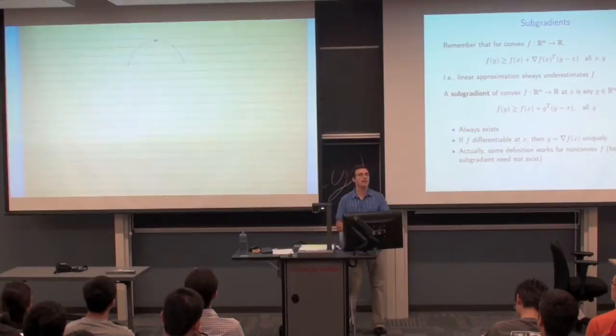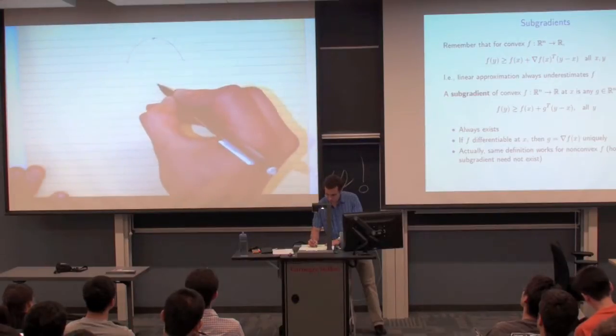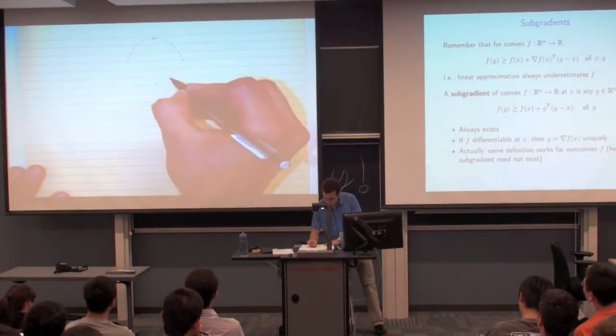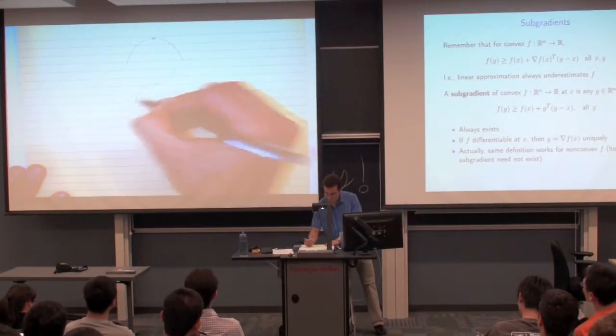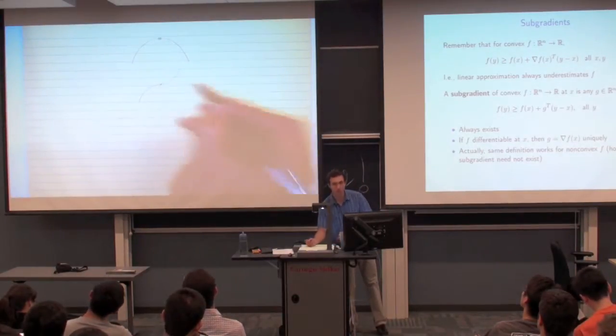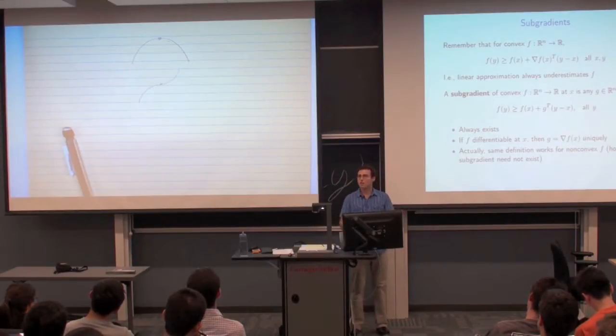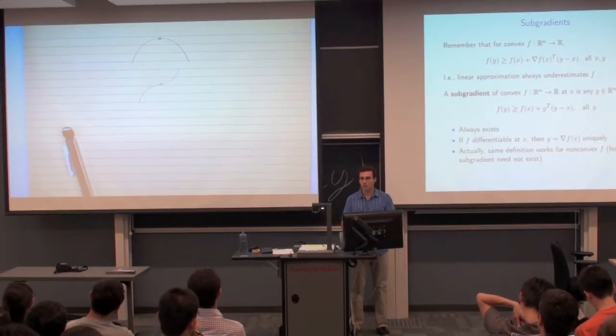There's not a line I can draw there with a certain slope that will underestimate the function everywhere. But it can also be something like that, right? There's no line at this point that's going to underestimate the function. So non-convex f can have subgradients, but we don't know they always exist. So we're going to just think about convex functions, as usual.